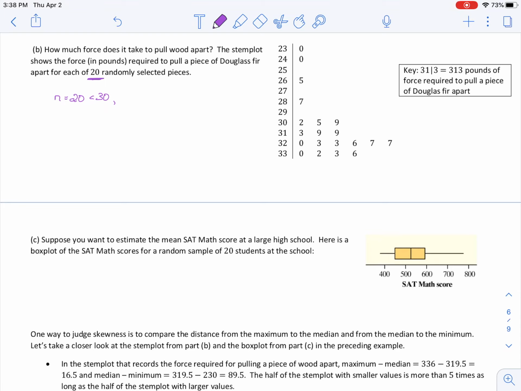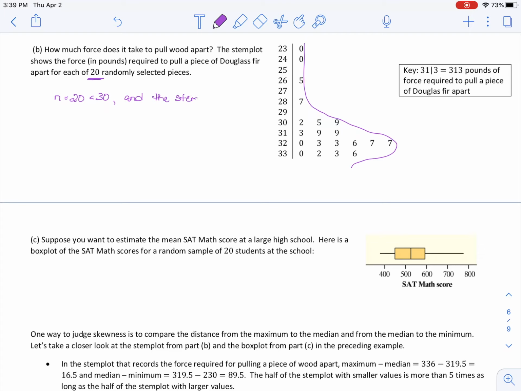And it doesn't say that the population is normally distributed, so the only thing we have left is to look at the distribution of the data. Looking at the shape, I see very few small numbers, and most of them are sitting over here in the lower 30s. So we can describe the stem plot as being strongly skewed.